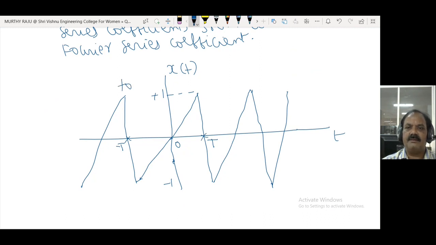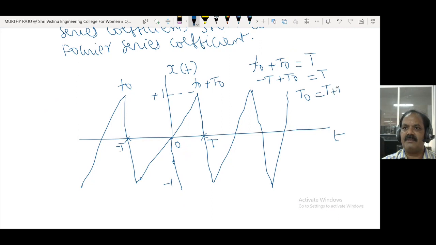This one is T0, plus T. T0 plus capital T0 is equal to T. We know that T0 is minus T, plus T0 is equal to T. The time period of the waveform is T plus T, which is 2T.